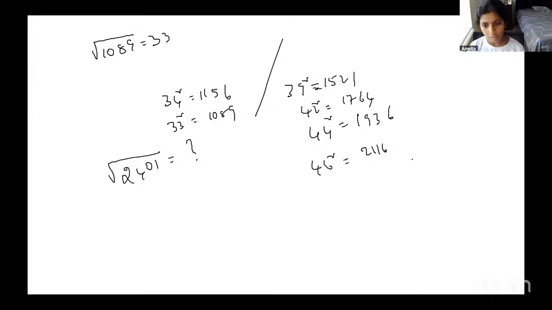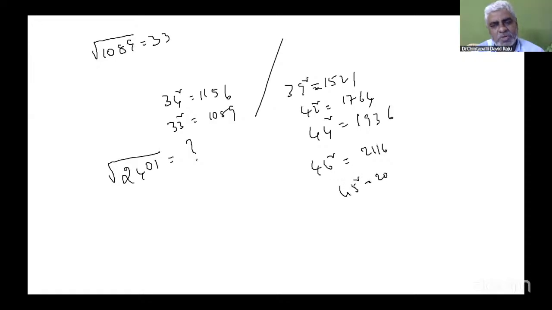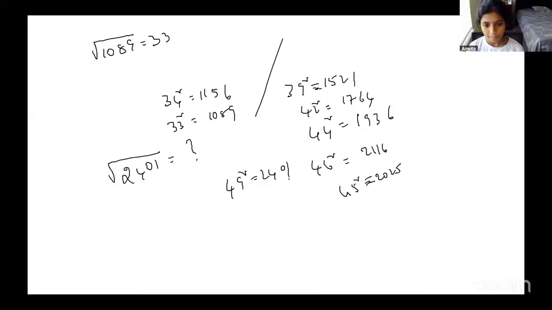That means it's 45, sir. 45 square 2025. What about 49, sir? 49 square 2401. Answer is 49, sir.